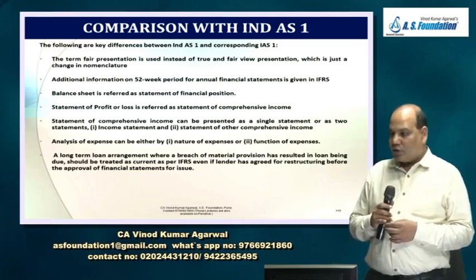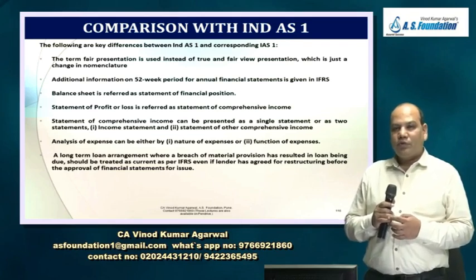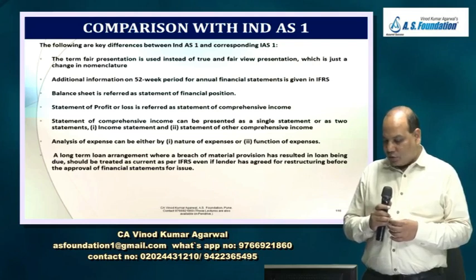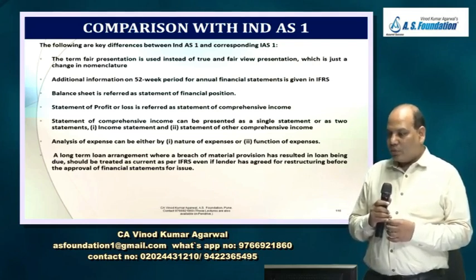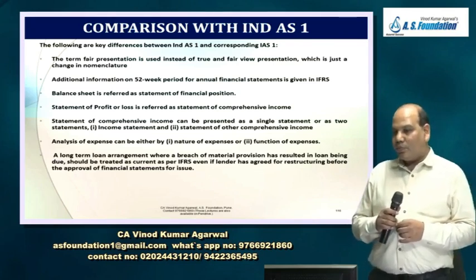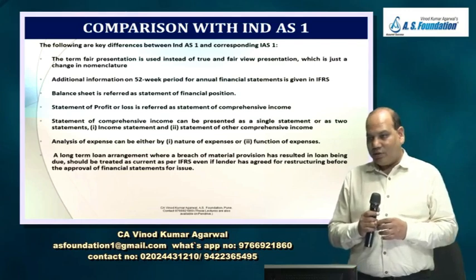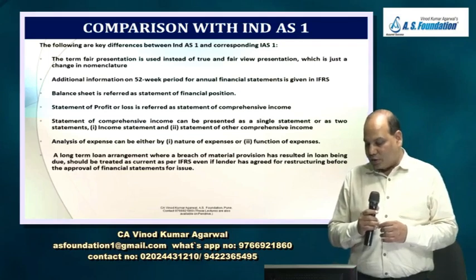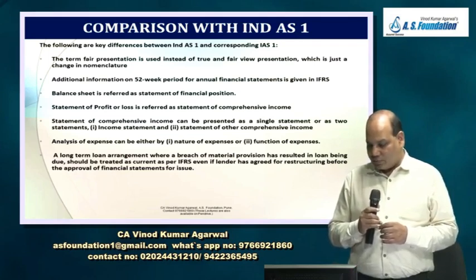Then balance sheet is referred to as statement of financial position in IAS 1. Statement of profit and loss is referred to as statement of comprehensive income in IAS 1. Statement of comprehensive income can be presented either as a single statement or as two statements: income statement and statement of other comprehensive income.